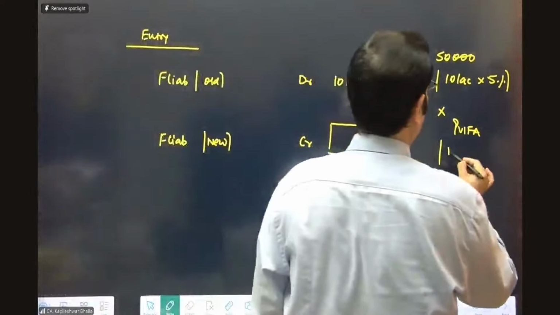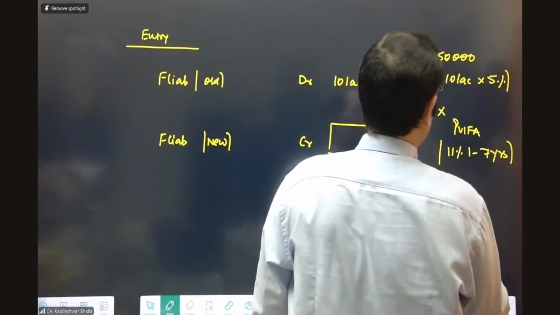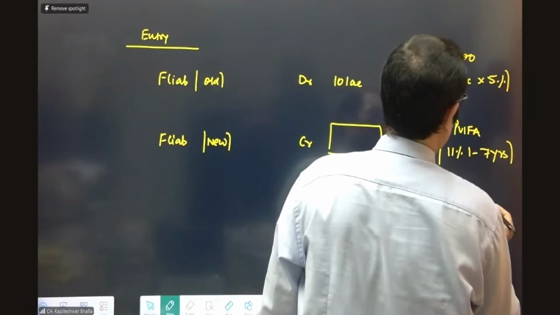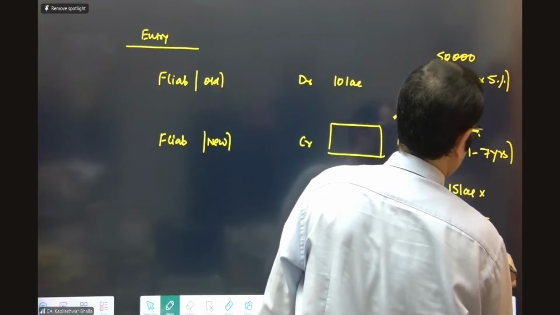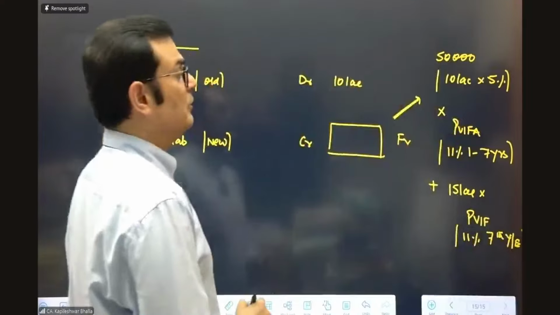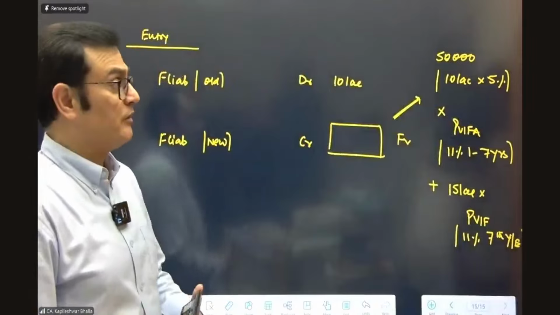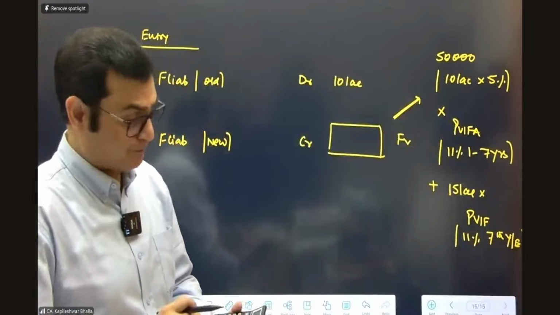So we need 11%, 7 years. Then we also have a repayment of 15 lakhs into PVIF, that's 11%, 7th year end. But we do not need to consider any TC at this stage. The fair value is only the interest and the principal repayments.